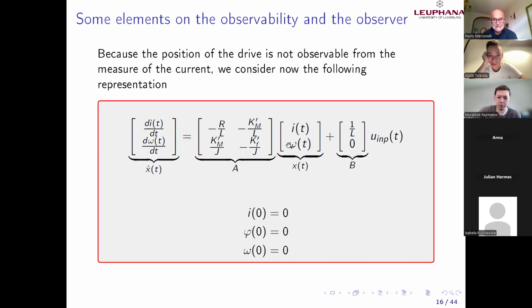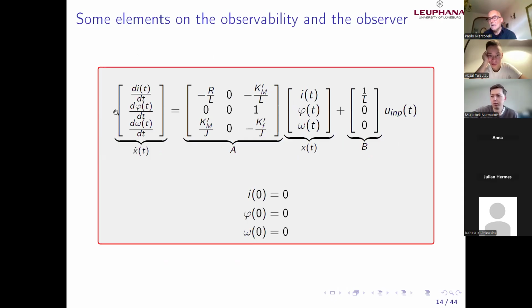I cancel from here the information in the middle: I eliminate the derivative of phi with respect to time, the central row. This eliminates the phi state, this element here. Why that? We can see also from here that we have a column with all 0.